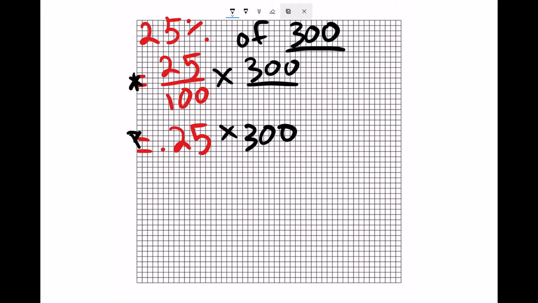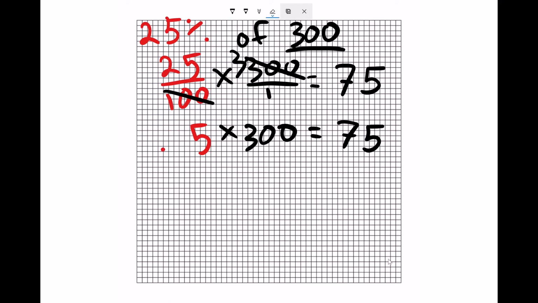If you do this, recall, you are multiplying fractions, and to rewrite your number as a fraction, simply give it a denominator of 1. And when you multiply across, cross simplify there, it would give you 75. And if you do 0.25 times 300 into a calculator, it will give you the exact same thing. Pretty straightforward in my opinion. But if you have any questions on this concept or any of these steps, feel free to let me know, send me an email, or write a comment down below.